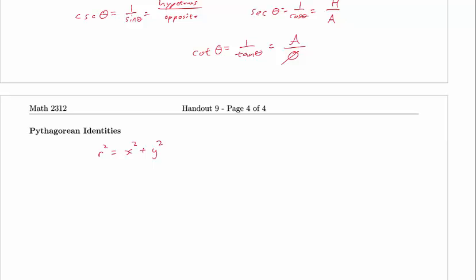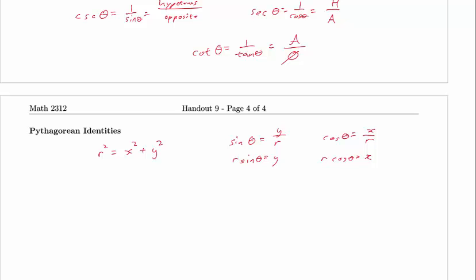And so we've already seen that sine theta equals y divided by the radius, and then cosine theta equals x divided by the radius, making this one r sine theta equals y, and this becomes r times cosine theta equals x.